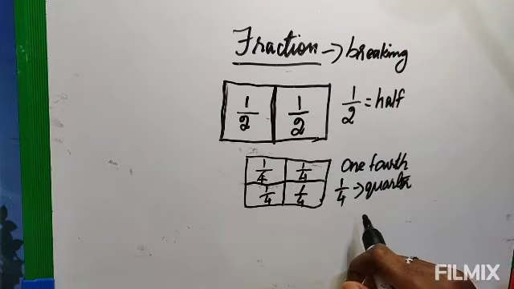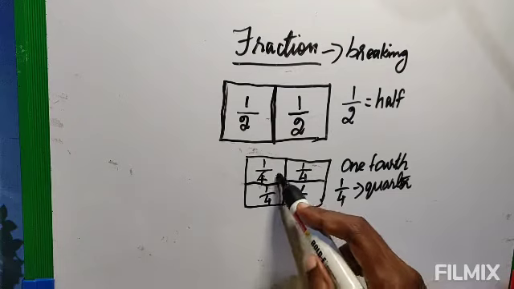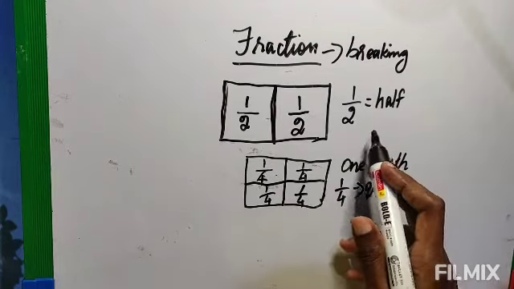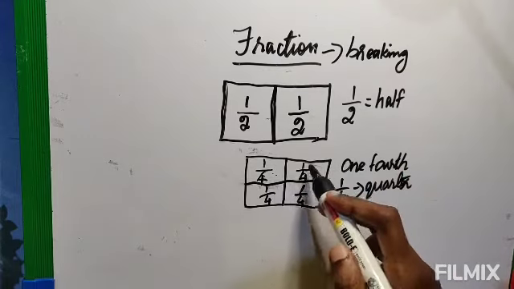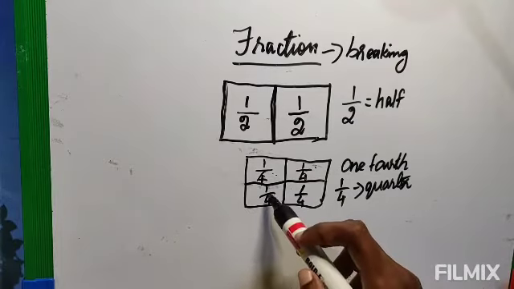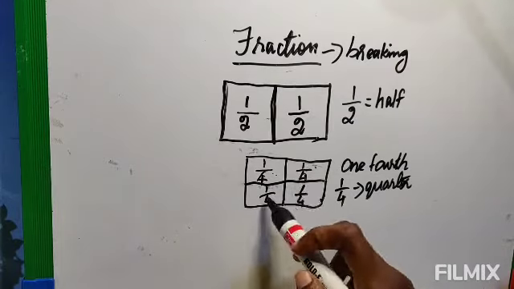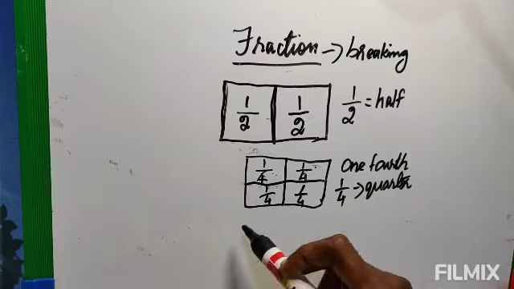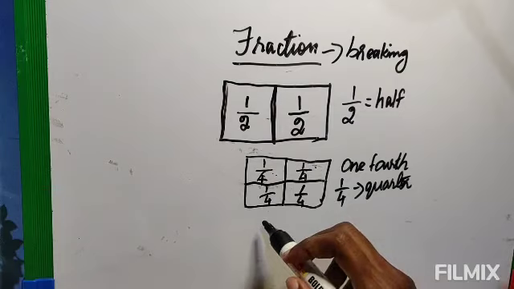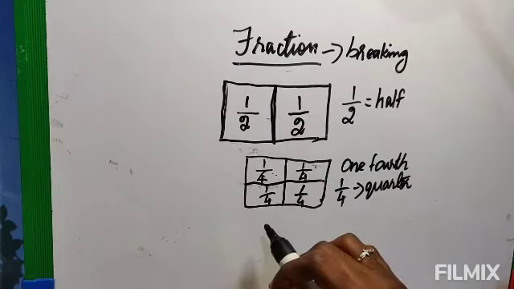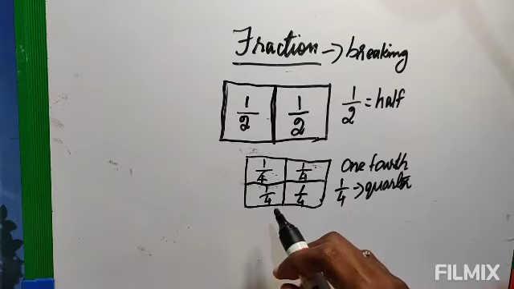These two together we can say 2 quarters, otherwise half, because this is 1 quarter and this is 1 quarter, so 1 plus 1, 2 quarters. And this one we can say 3 quarters, or 3/4. It is not given in your book; for your extra knowledge I am giving.